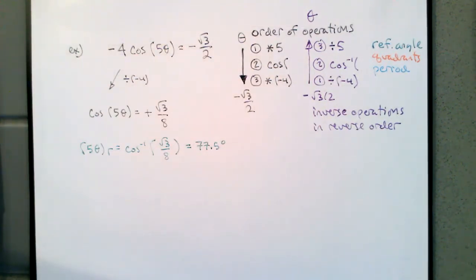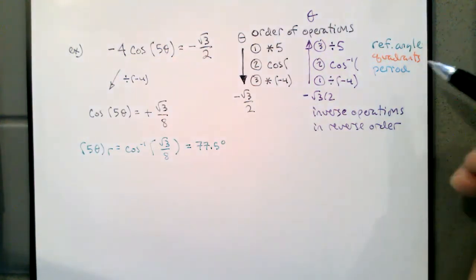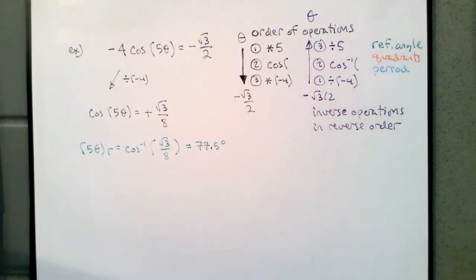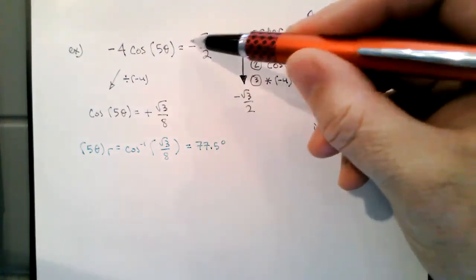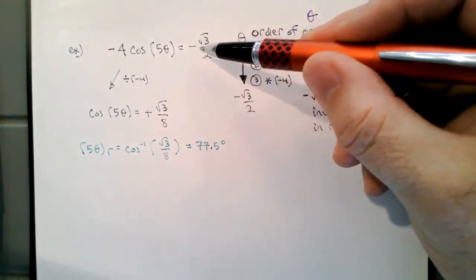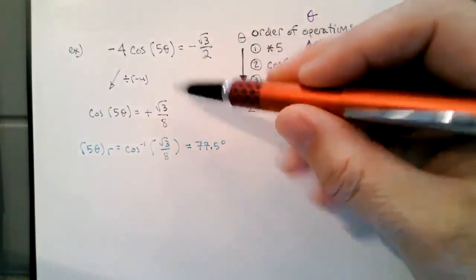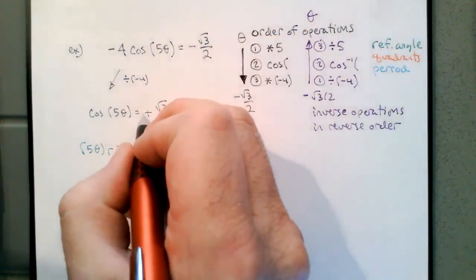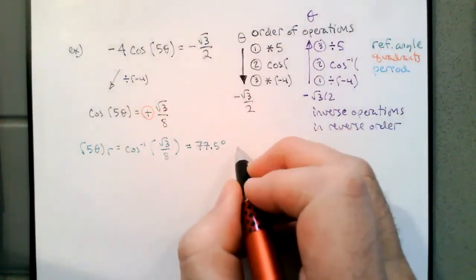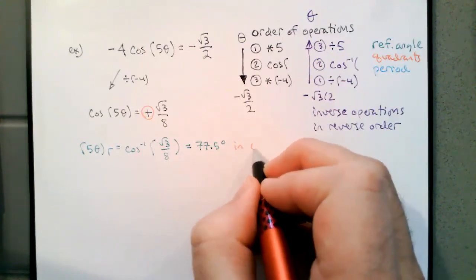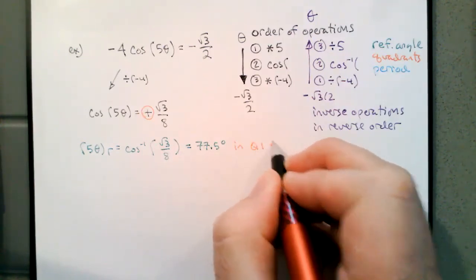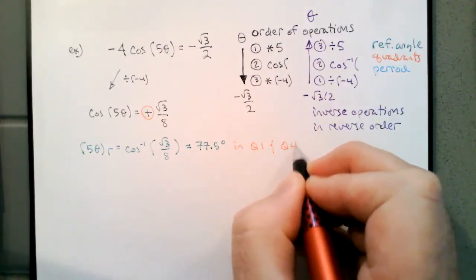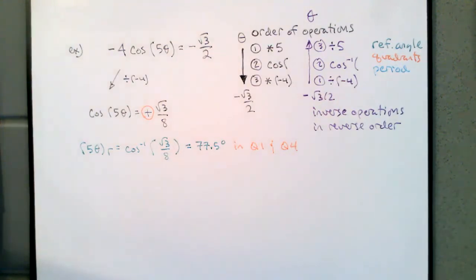Now notice this is the reference angle, and we have to put it in the appropriate quadrants. Reference angle, quadrants, period. That's what's involved in that inverse trig function. In the original, we had a negative. But once we get rid of this -4, this is now positive. So I'm going to put the 77.5 in quadrant 1 and quadrant 4, where cosine is positive.